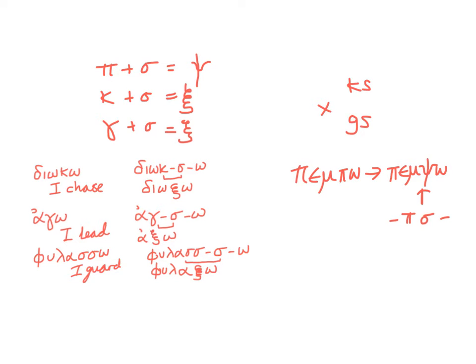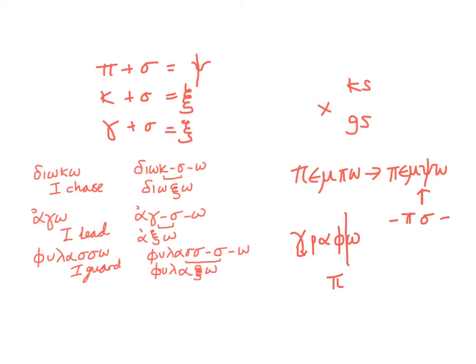Now we're going to do exactly the same thing with another verb that you've already met. The verb is grapho, and it means I write. Remember that this one is the root behind words such as graphite, or the suffix graphy in words like geography. The stem of grapho ends in the letter phi, but phi is really a form of the letter pi with a sort of breathing attached to it.